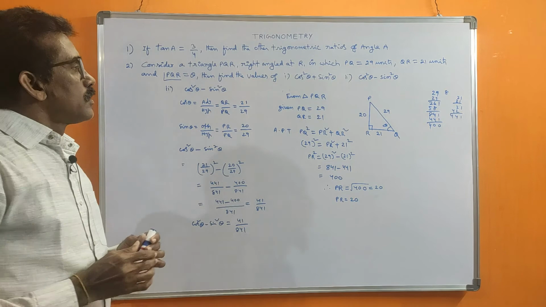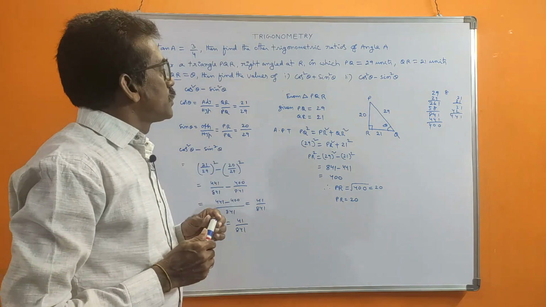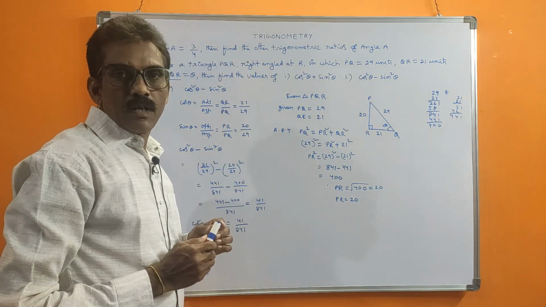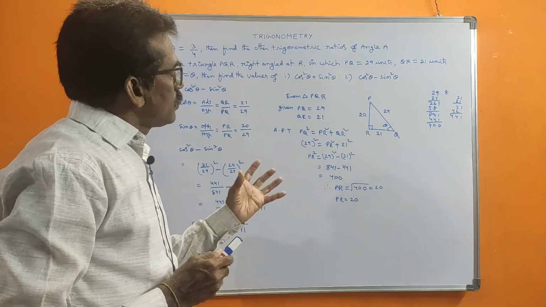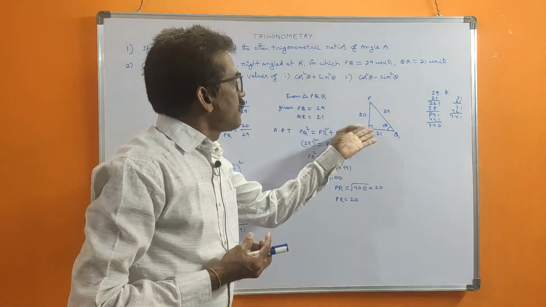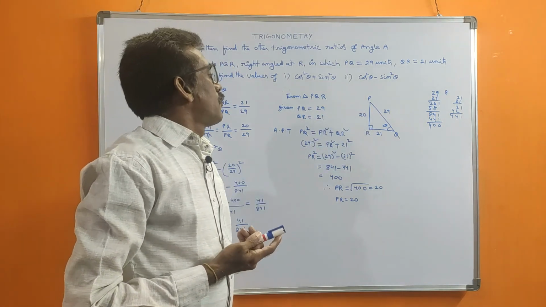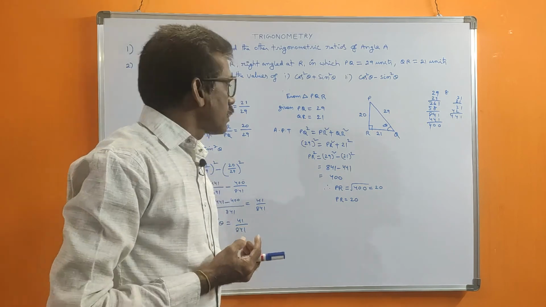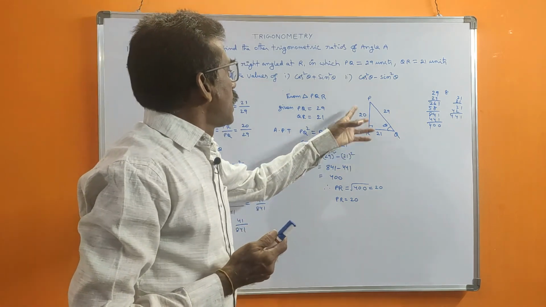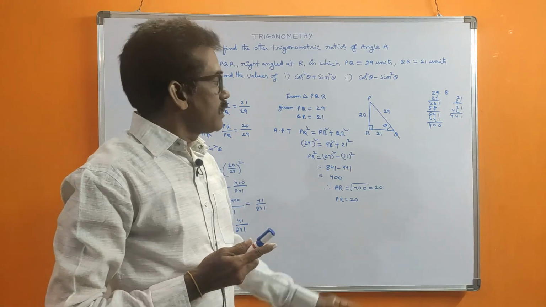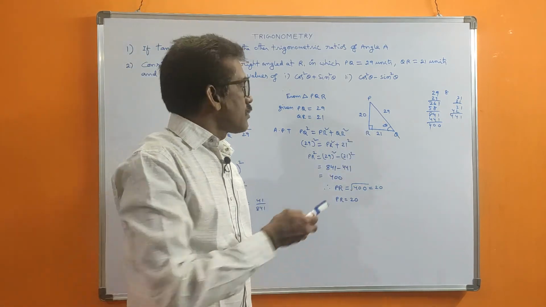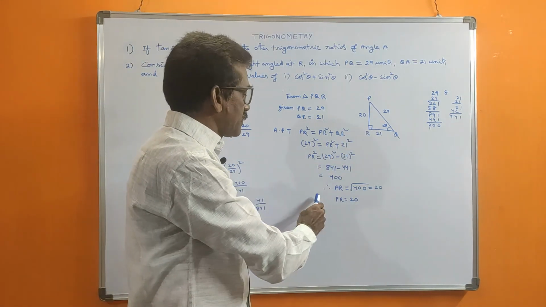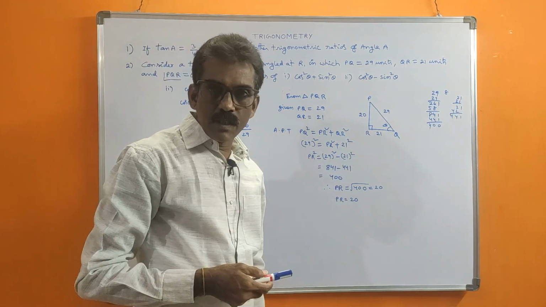Okay. So for problems like these, first of all, our assumption is that we should know the three side values first. Suppose this is a right angle triangle, any two sides will be given. The remaining side we find by using the Pythagoras theorem. That is important.